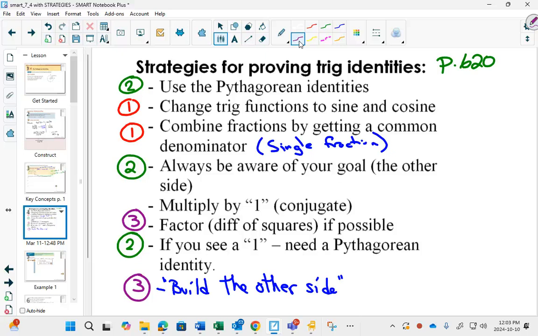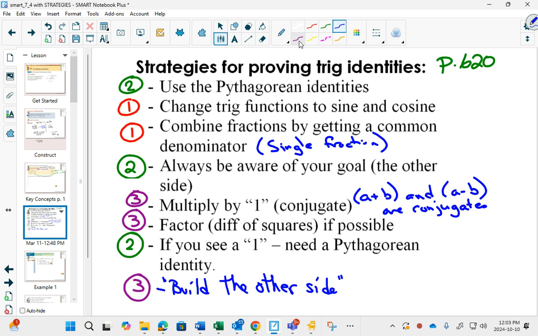Okay? When we build the other side, often we are doing something called multiplying by the conjugate. And the word conjugate is a math word for differences of squares. If you have the same binomial, but a different sign in between, those are conjugates.